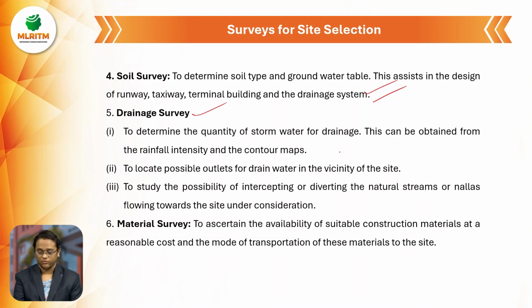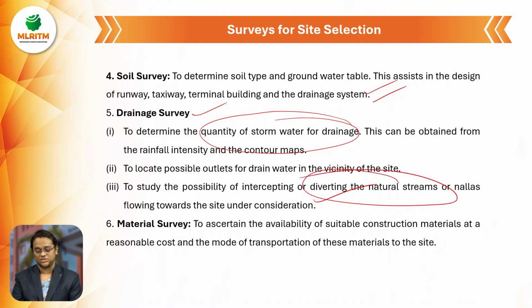So we need to understand the quantity of storm water that can travel towards the runway, so that it can be diverted into natural streams near the airport.